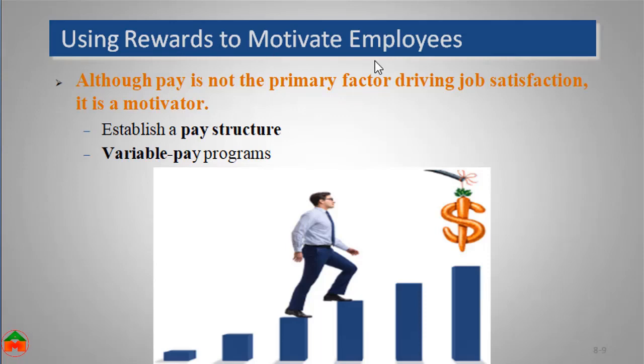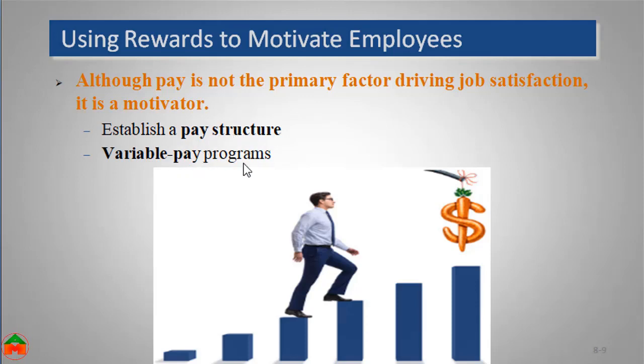Using rewards to motivate the employees. Although from the previous chapter we have learned that money is not the primary factor for job satisfaction, however, it does motivate employees, and companies often underestimate its impact in keeping top talent. It's critical to figure out what to pay and to establish a pay structure that makes sense for your industry and organization.